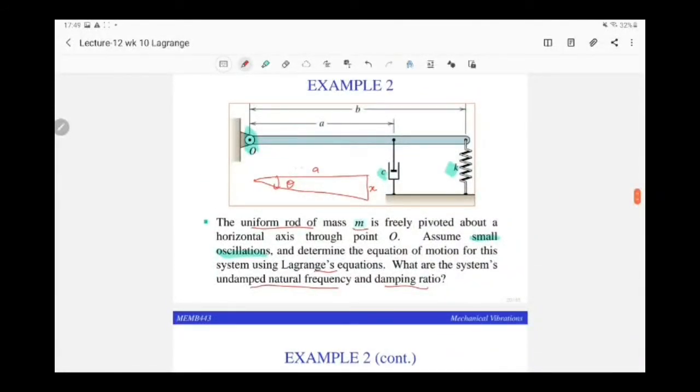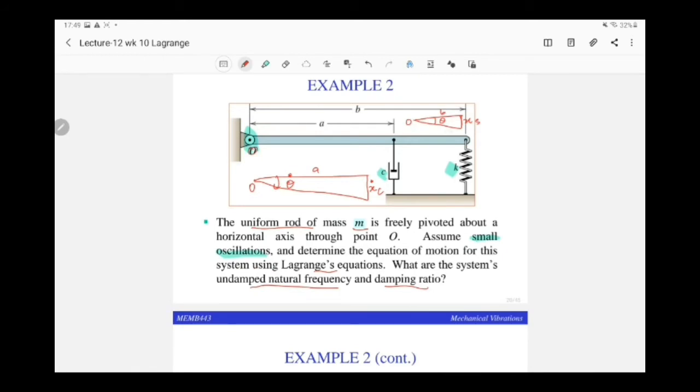If I put X here for the C, then for the K, from the pivot point O, you can draw a small triangle just to depict your theta, your B, and your X for K here for the spring. I call this X spring and this one X for C. This is point O here.